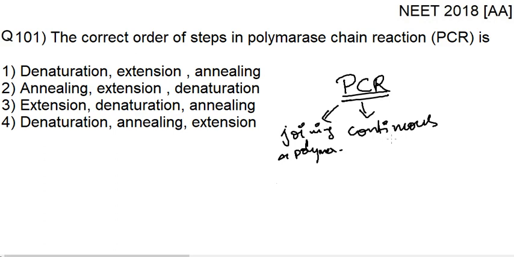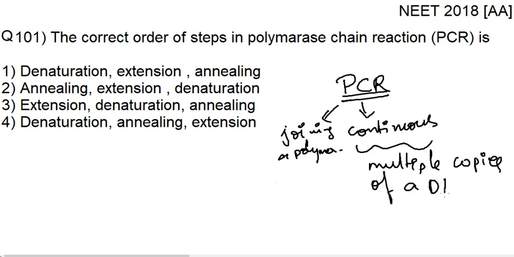What happens in polymerase chain reaction? We produce multiple copies of a DNA fragment. For example, you have a DNA fragment and you want thousands of copies of that particular DNA fragment.